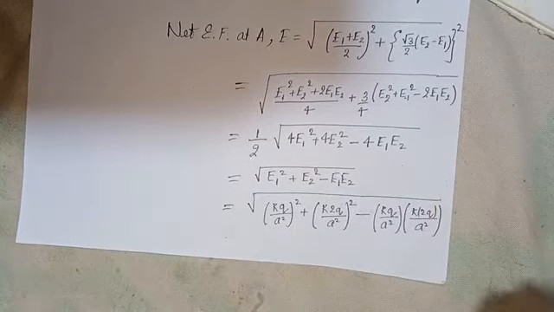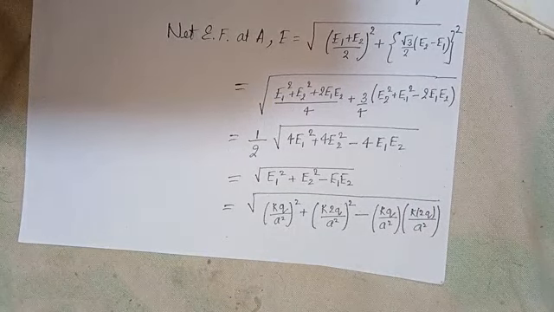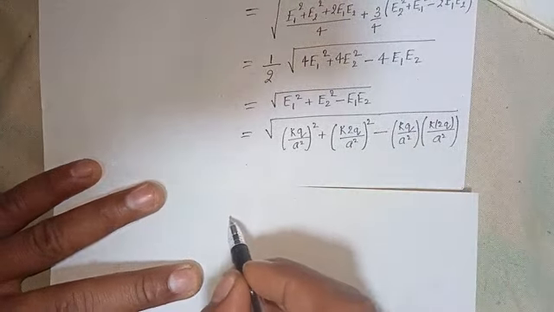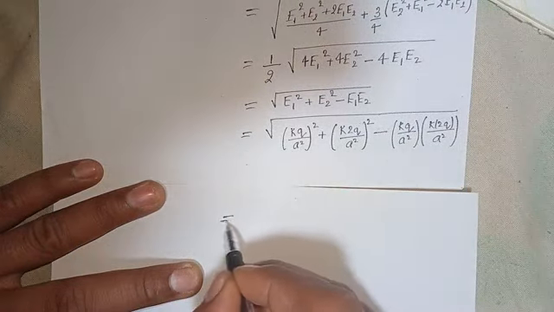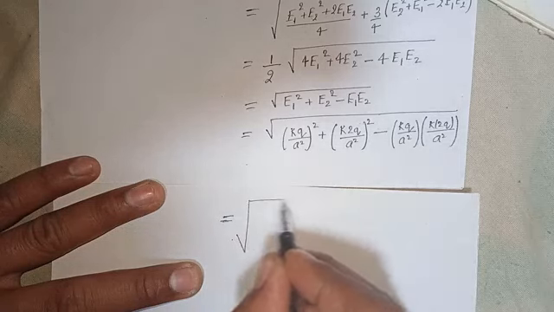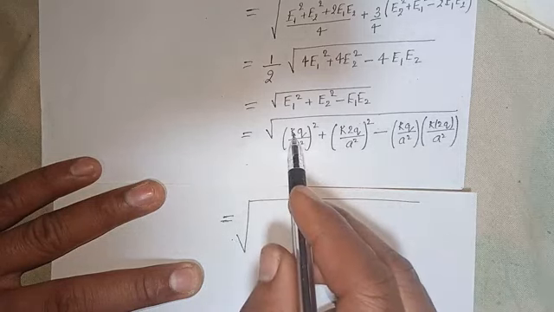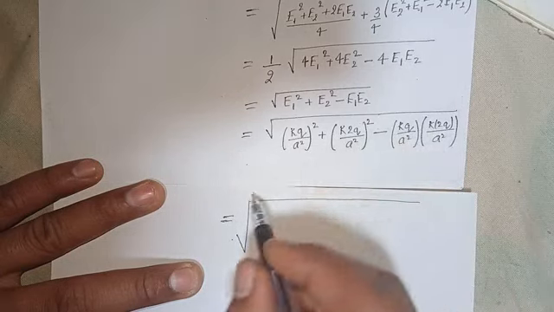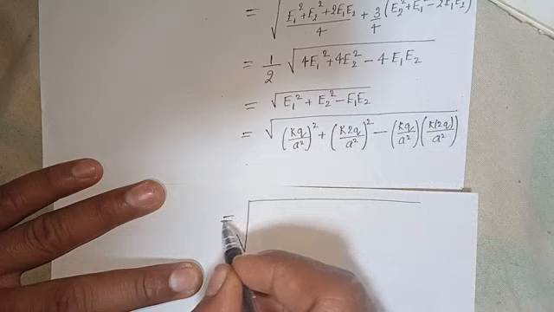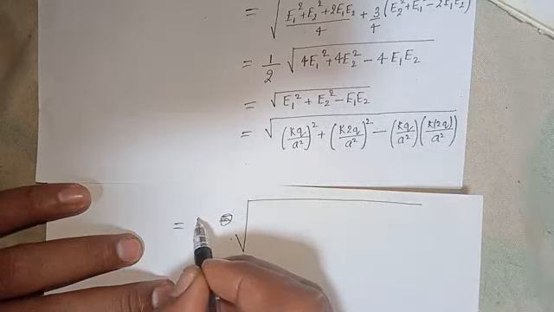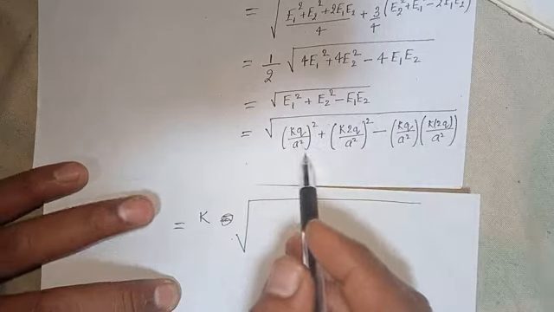So we get over here k square both here and here also k. So if we take k common here, then it will become k outside because of the root.